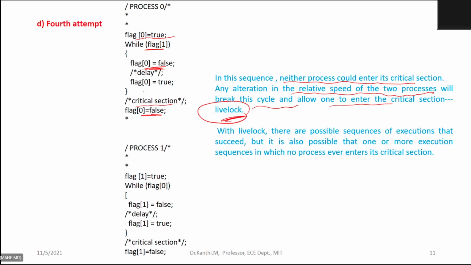So with livelock, there are possible sequences of execution that succeed, but it is also possible that there are one or more execution sequences in which no process ever enters its critical section. That can also happen.